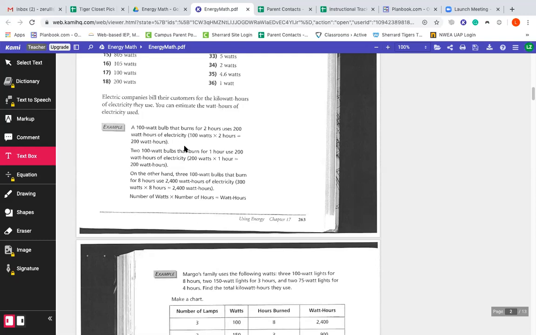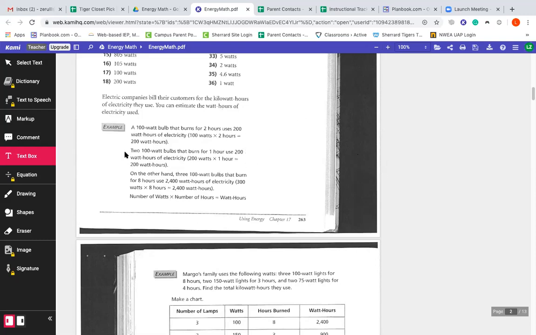And how we figure that out is we just take that 100 watts, we multiply it by the 2 hours, and that gives us the 200 watt hours to calculate what you've used. So let's say your electric company is charging you, I don't know what, $1 per 100 watt hours, which seems stiff, but then you can figure out multiplying further, but we're not going that far.